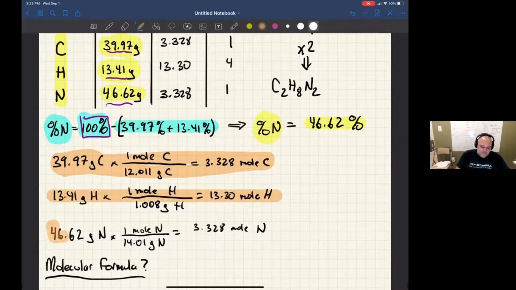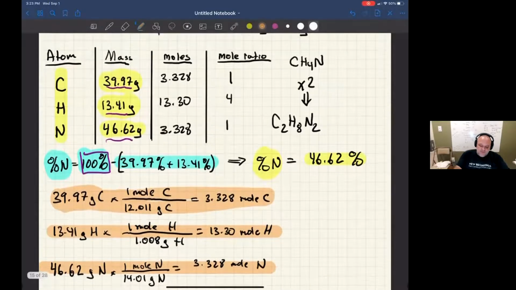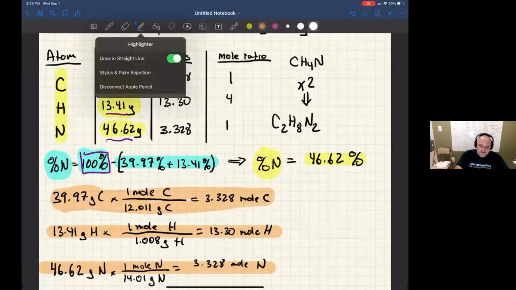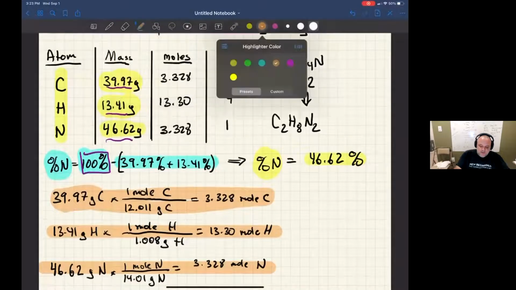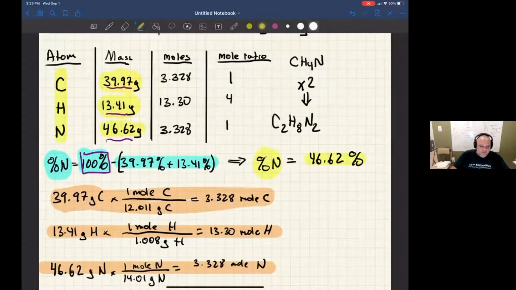And taking 46.62 grams of nitrogen divided by its molar mass, I get 3.328 moles of nitrogen. Again, I like to put those in my table in order to keep track of them. So 3.328 moles of carbon, 13.30 moles of hydrogen, and 3.328 moles of nitrogen.